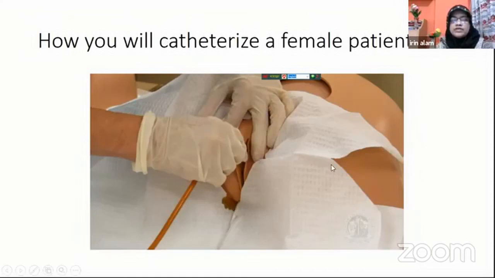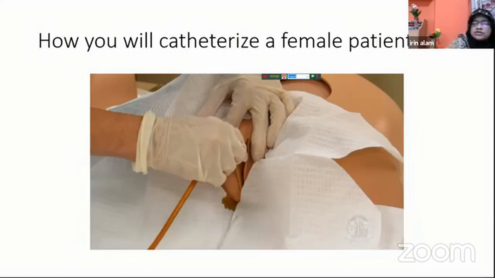There will be a syringe, and you need distilled water to give to the catheter to dilate the balloon, and you need swab holding forceps to give the vaginal wash, and also povidone iodine and some gauze.